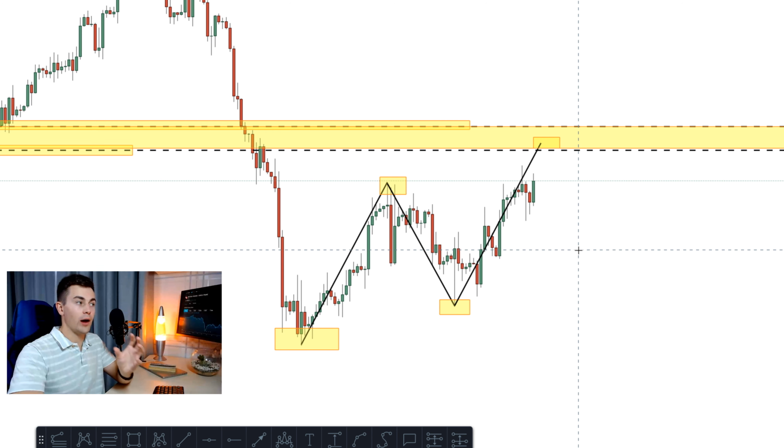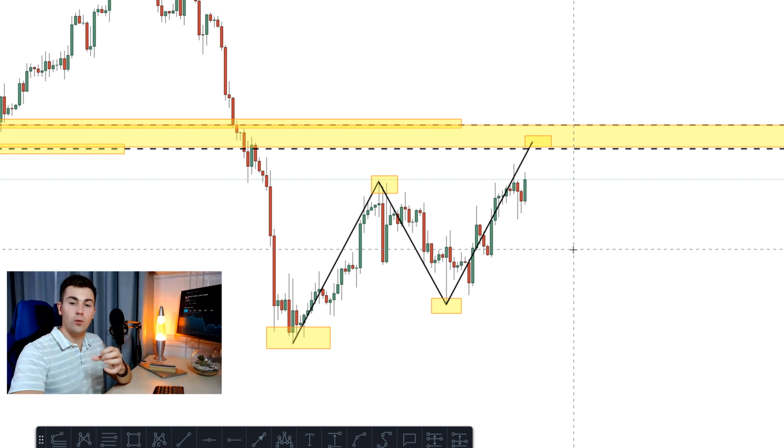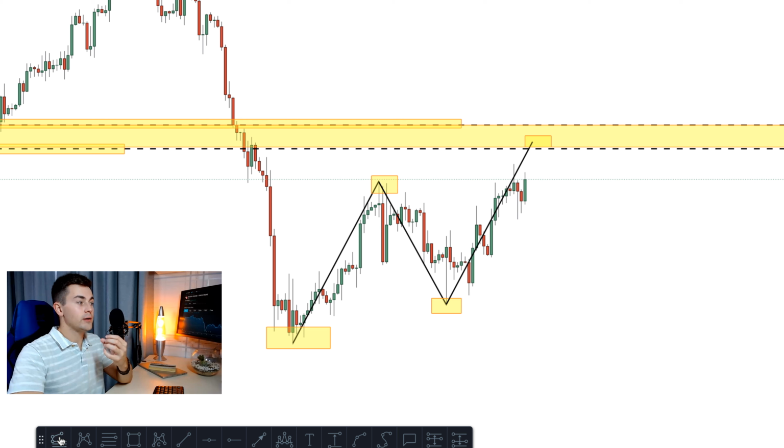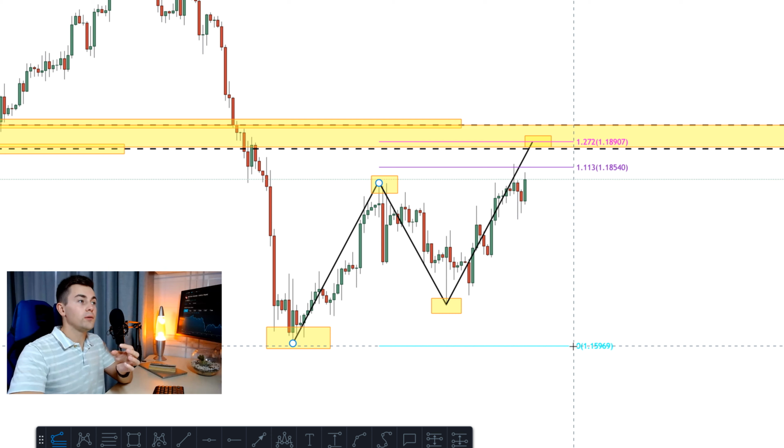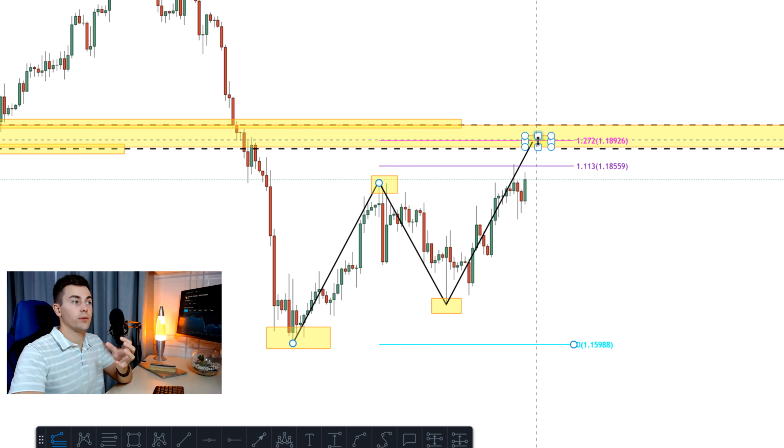Lastly, what I want to show you, and the confirmation that we use right here, are the Fibs. We take the Fib extension tool and draw the extension from swing low to swing high of our harmonic movement. And what you should notice is that our projection matches perfectly with the 1.272 extension.